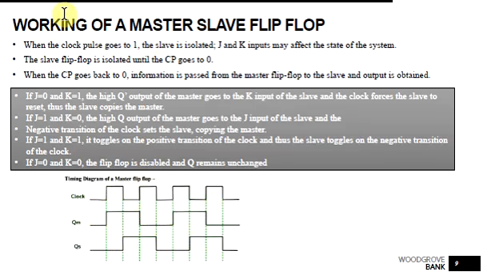This is the corresponding timing diagram. Suppose initially the Q output is 0 and Q bar is equal to 1. When the clock pulse goes to the high state in the positive pulse, the Q of the master, which was initially 0, will toggle.